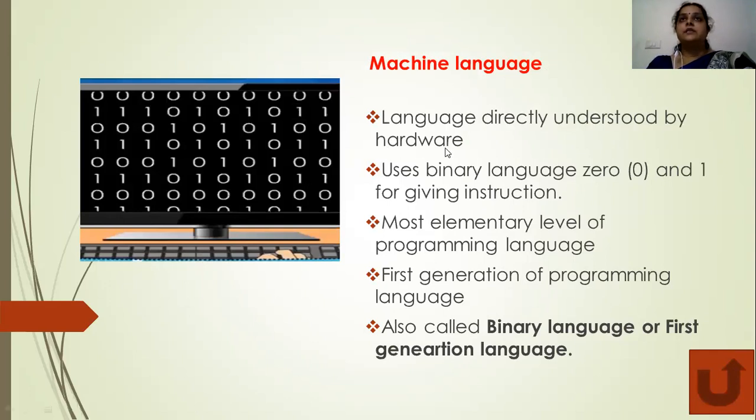This is a language by which our computer understands what instruction we are giving, and it is made by the combination of 0 and 1. This is one of the most basic computer programming languages, and it is also known as first generation or binary language.